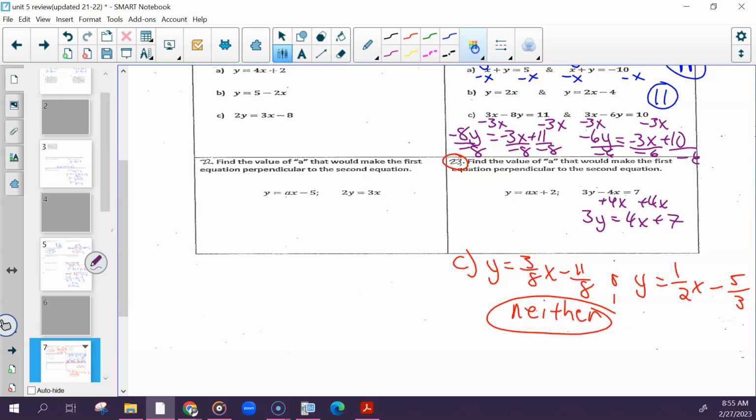And divide everything by 3. So that's y equals 4 over 3 x plus 7 over 3. If this other equation is supposed to be perpendicular to the second one, what would that slope be? Otis? -3. Correct.